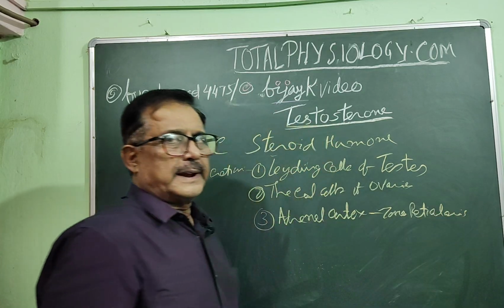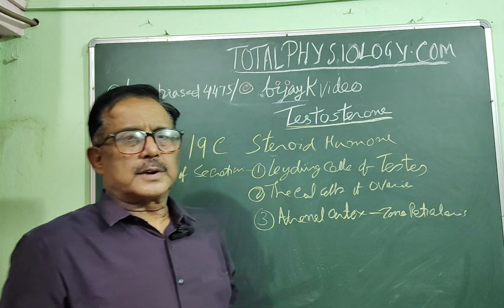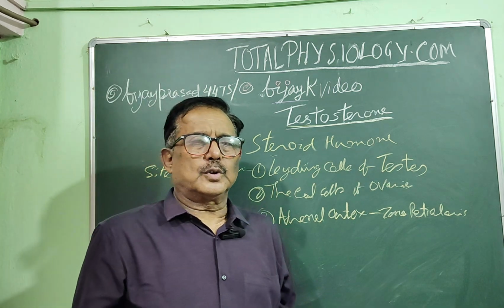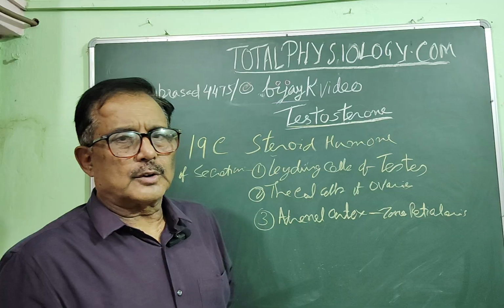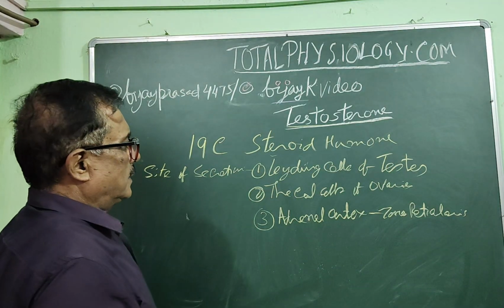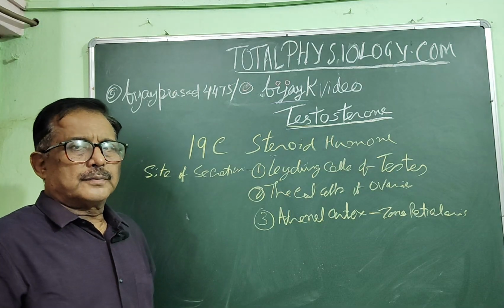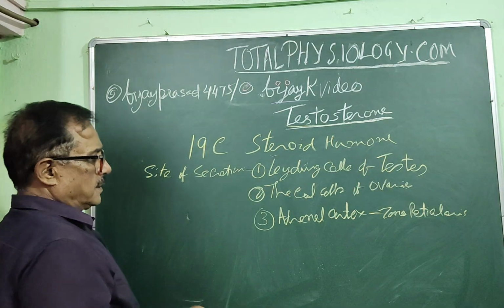We know that the adrenal cortex is divided into three layers from above downwards: zona glomerulosa, then fasciculata, and the innermost is zona reticularis. From zona reticularis, some amount of this hormone is secreted.